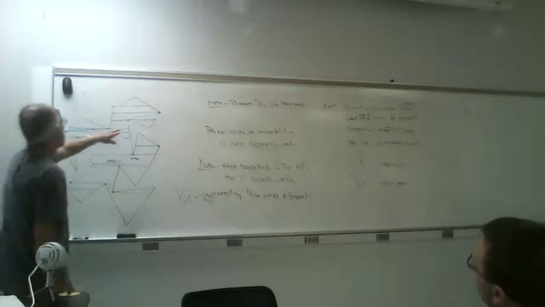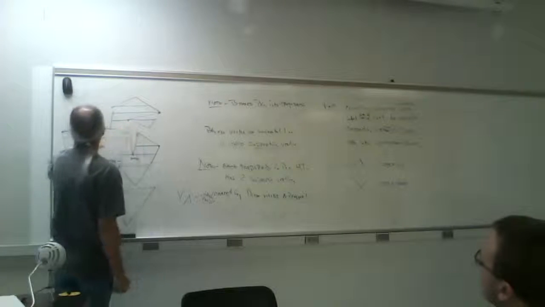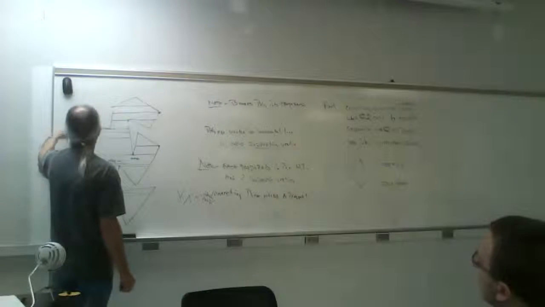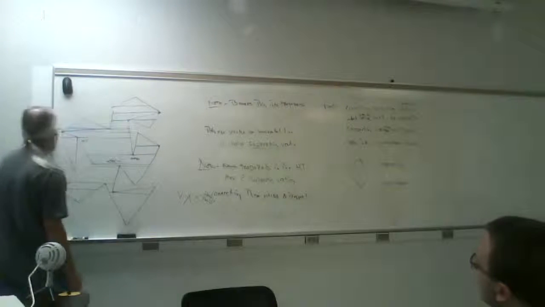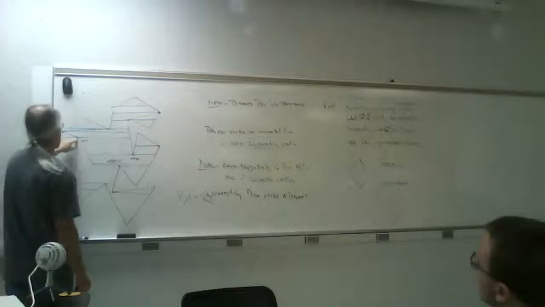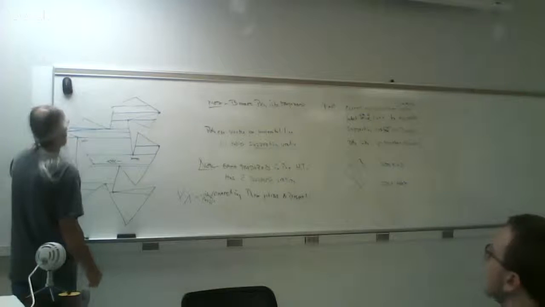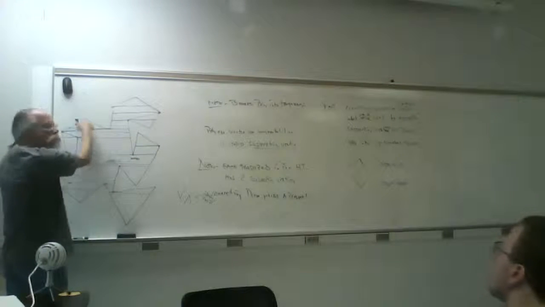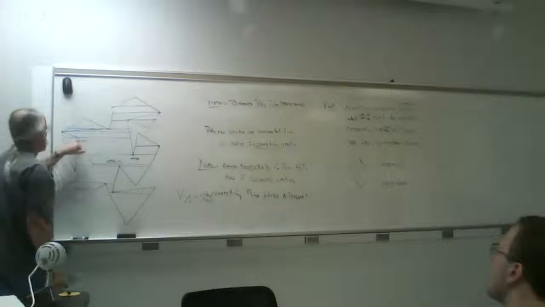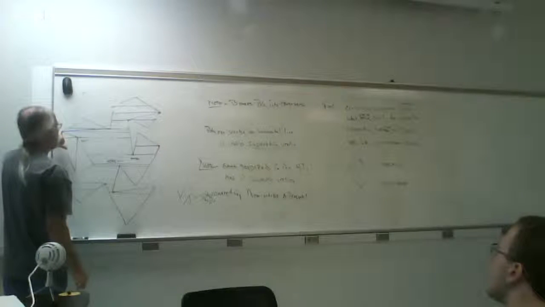So this one should go up, this one should go down, and this one should go up. The vertex that we always connect to is the other vertex on the line immediately above or the line immediately below. So here it would have to go up to here.